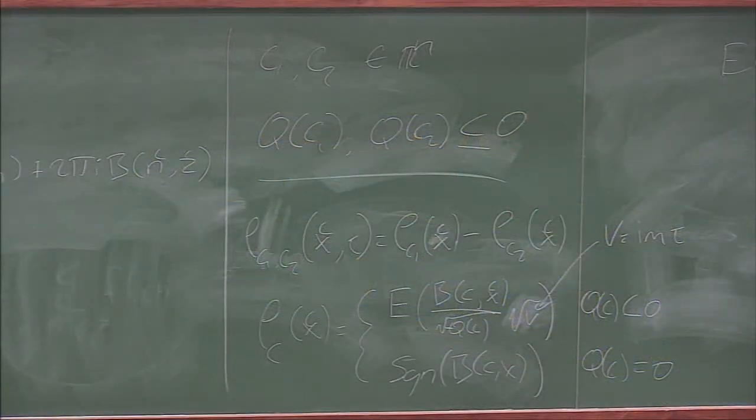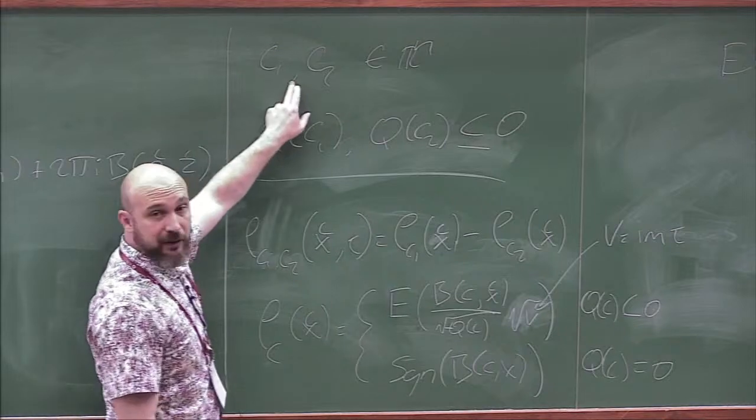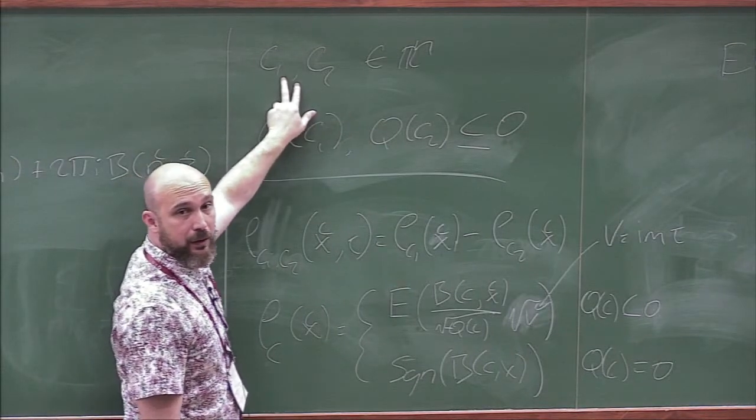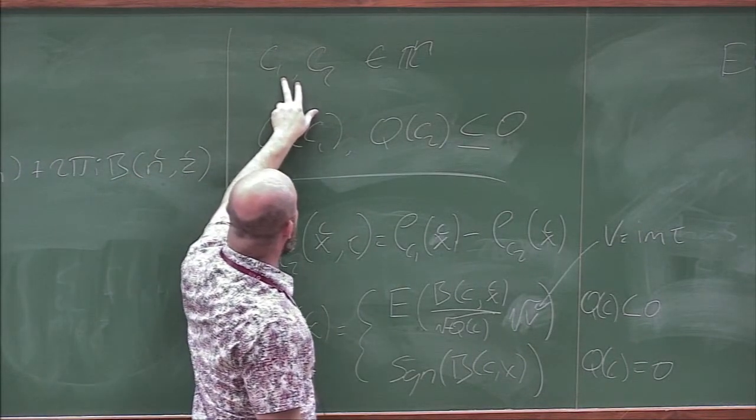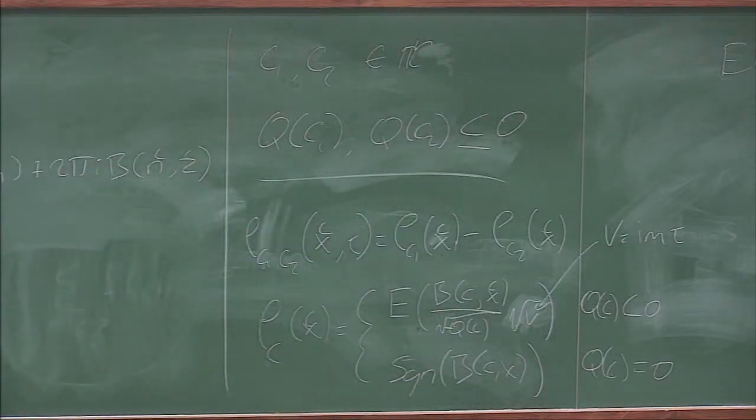V is equal to just the imaginary part of tau. Yeah, great. Sorry, this one right here? Oh, you're right, because Zwegers uses our R and we changed to his notation here. Yes, thank you. Good, good. Any other questions there? Yeah.